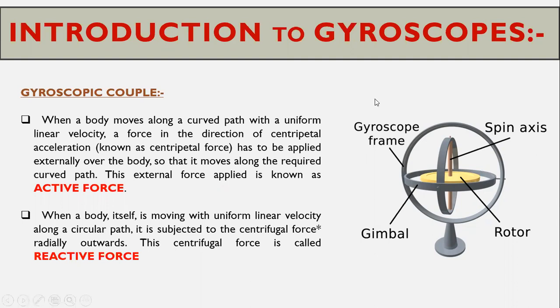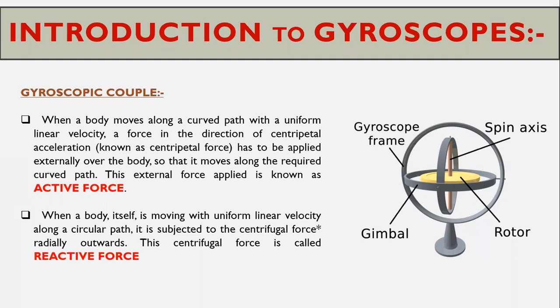So in the gyroscopic couple, we are going to discuss two types of forces. So first one is the active force, which depends upon the centripetal force. So which moves the linear velocity and the force in the direction of centripetal acceleration, that is the centripetal force. That one is known as active force, and the second one is the reactive force. So it is the centrifugal force only.